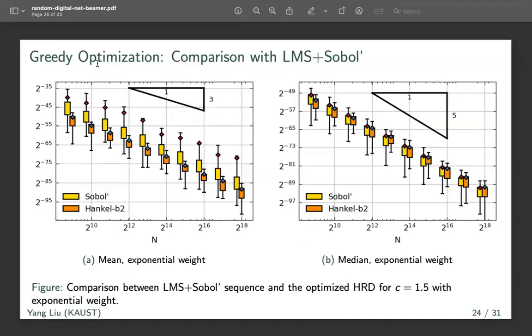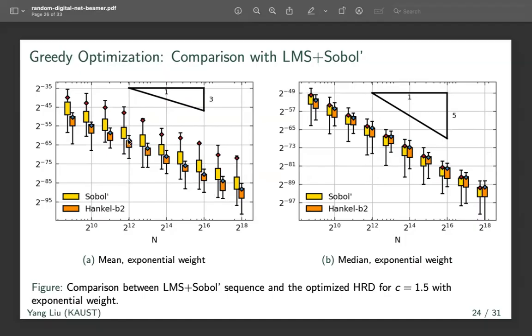And in this greedy optimization estimator, we make a comparison using the linear matrix scrambled Sobol sequence as a benchmark. Here we plotted both the mean estimator and the median estimator on the right.